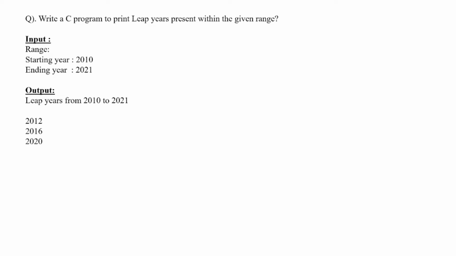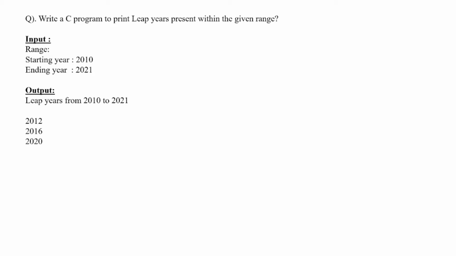What is the logic to find whether the given year is a leap year or not? There are two conditions. First of all, if the given year is a century, then you should divide by 400. If that century year is completely divisible by 400, then that year is a leap year.